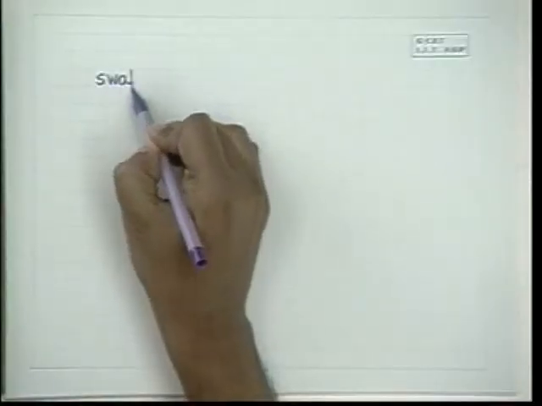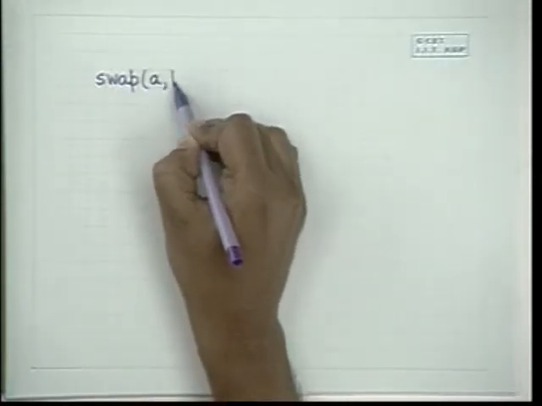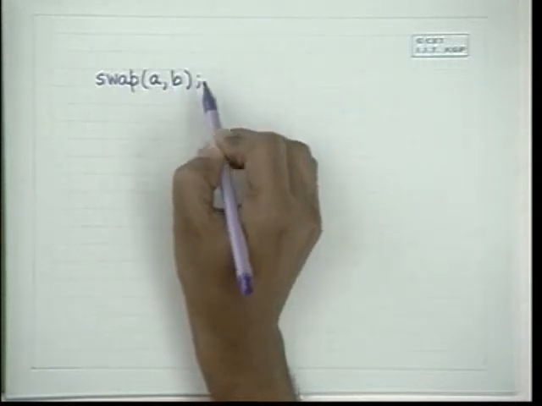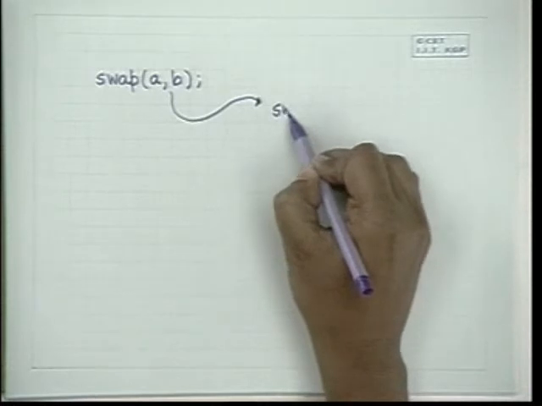So in C language, what we have is the swap routine like this. A call to the swap routine was made like this, swap(A, B), and this generated a call to swap(i, j).